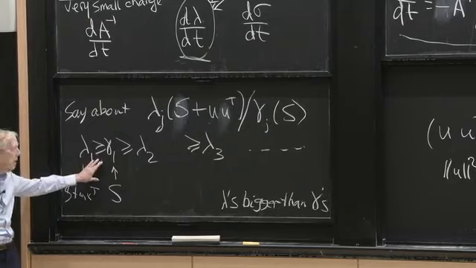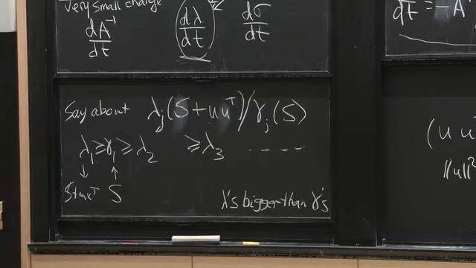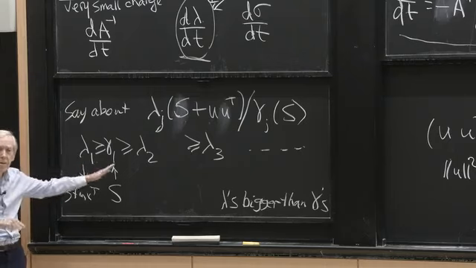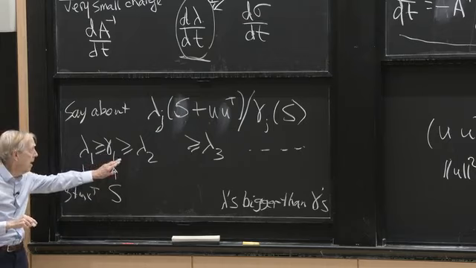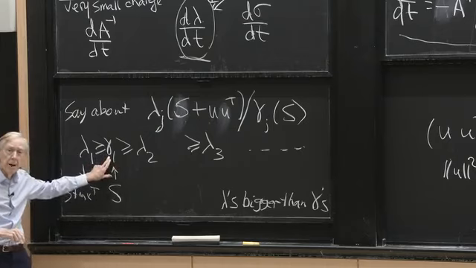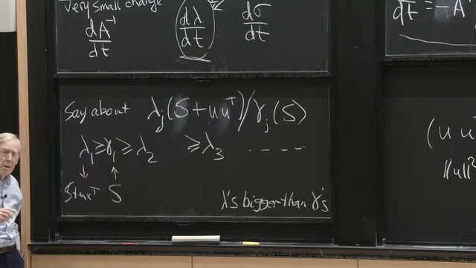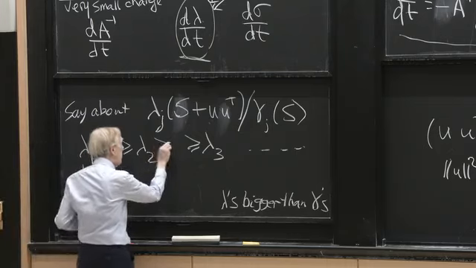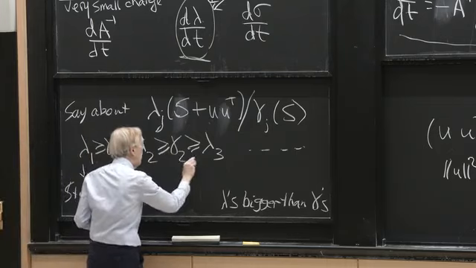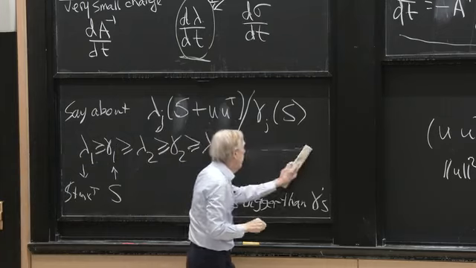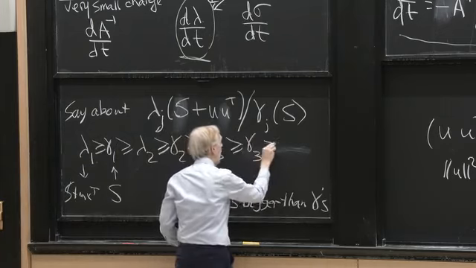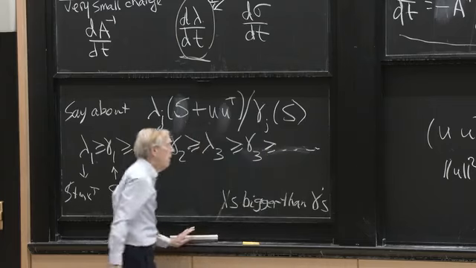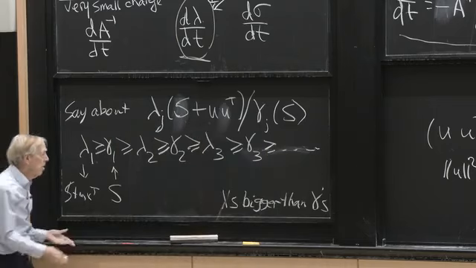Lambda 1 is bigger than gamma 1, but look what's happening in this line of text here. I'm saying that lambda 2 is smaller than gamma 1. Isn't that neat? The eigenvalues go up, but they don't just go anywhere. And that's called interlacing.